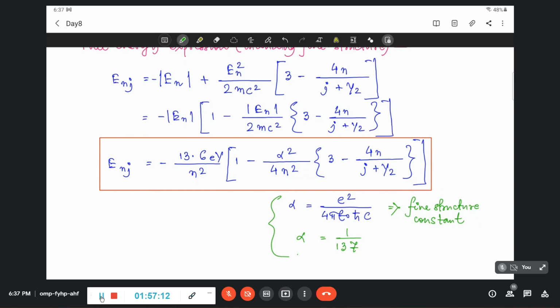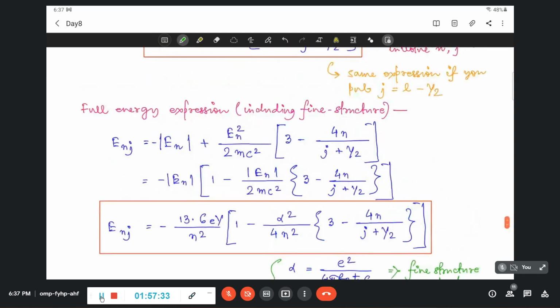And you might think that e is also a constant, but it is not. I will not get to that. e is not a constant in high energy physics. But in low energy physics, what we deal with in day-to-day life, alpha is a constant, 1 by 137. But to a very high degree of accuracy, you have to measure this. So this is quite important in this branch of physics.